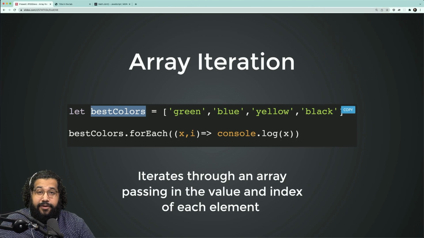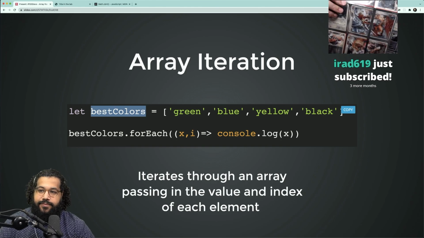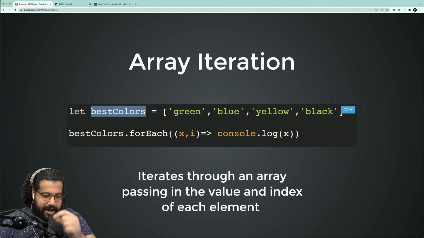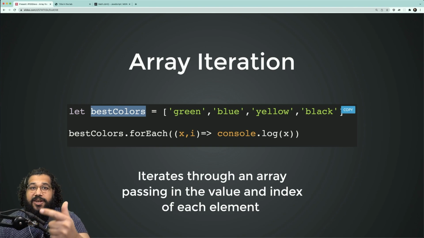Now, here's the really important question. Each time forEach runs, what does the forEach goblin grab? Every single time forEach runs, we know it's going to run 4 times, but what does the goblin grab? The forEach goblin's going to grab the element, the index, and it's going to take note of what array it just stole stuff from. Oh, I stole that from the best colors array.